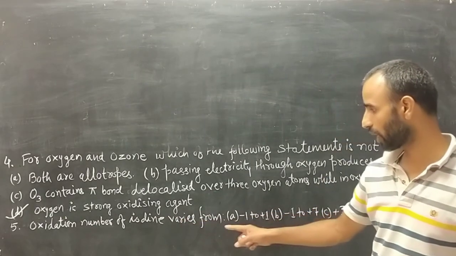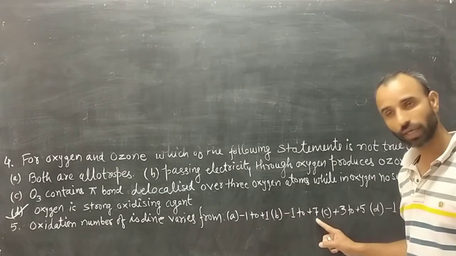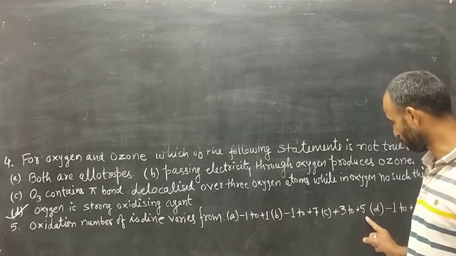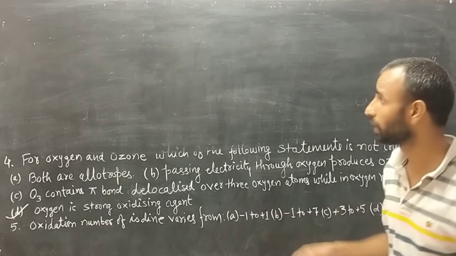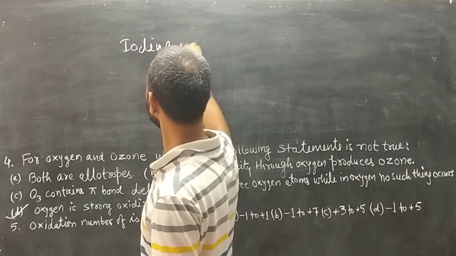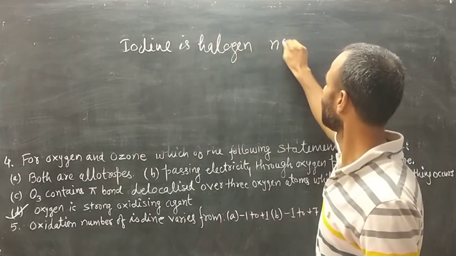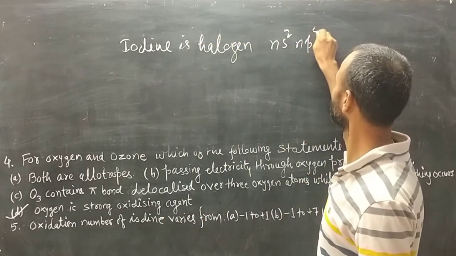Oxidation number of iodine varies from -1 to +1, -1 to +7, +3 to +5, and -1 to +5. So you know iodine is a halogen, having general configuration ns2 np5.